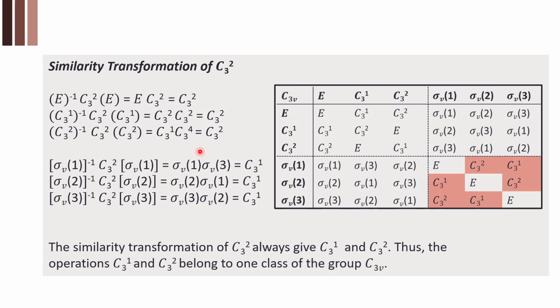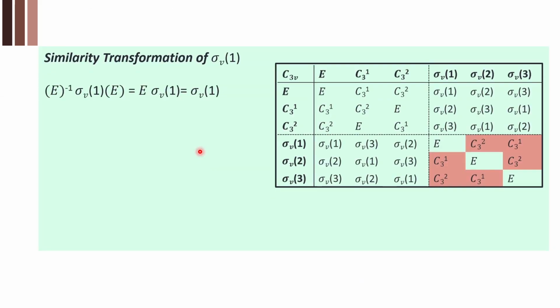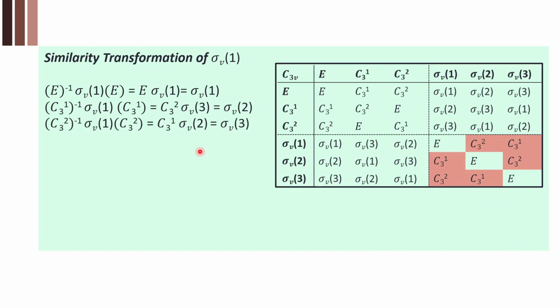Similarity transformation of sigma V1 can be done in the same manner. Start with identity. E inverse sigma V E, the result is sigma V1. Similarly, C3^1 inverse sigma V C3^1, the result is sigma V2. Similarly, C3^2 inverse sigma V C3^2, the result is sigma V3. Now take sigma V1 inverse sigma V1; the reciprocal of sigma V1 is sigma V1, and the two sigma V1 would of course be identity.